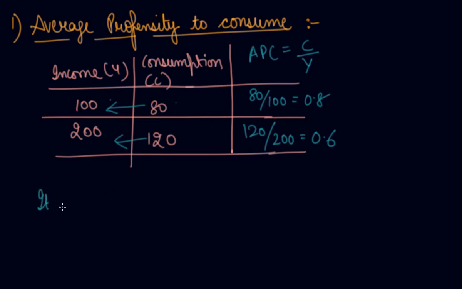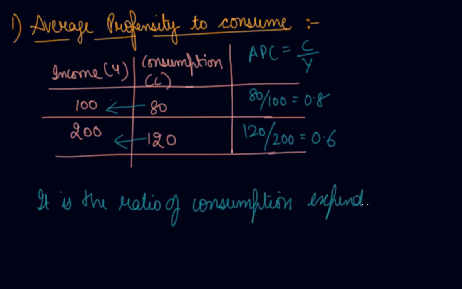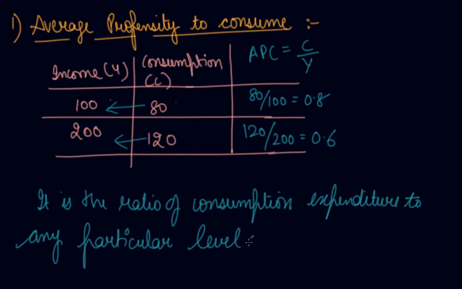So we can write it as a ratio of consumption expenditure to any particular level of income, right? So your APC is C by Y, that is your ratio of consumption expenditure to any particular level of income. This is your average propensity to consume.